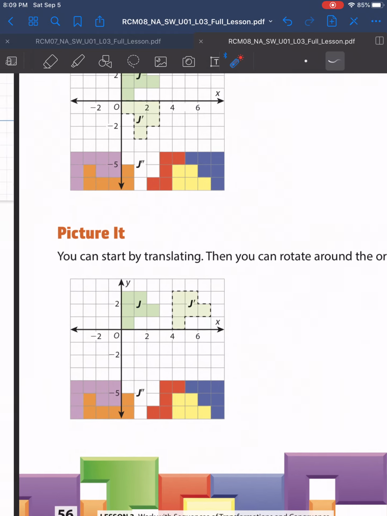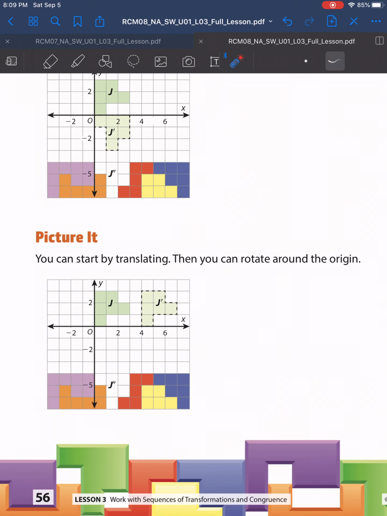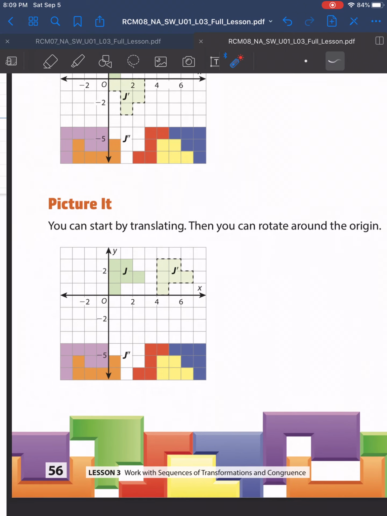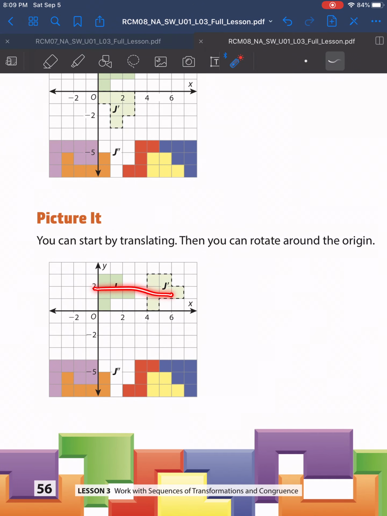This picture says you can start by translating and then rotate about the origin. So what they did, I don't like this one. I prefer this one up here. I like the idea that they rotated it first, bloop, and then they moved it down. They're saying move it 4 over, and then if you were to rotate this, it'd fit in there. I mean, yes, technically it would, but in the real game of Tetris, that would hit these blocks right away, and then it would not be able to fit in.